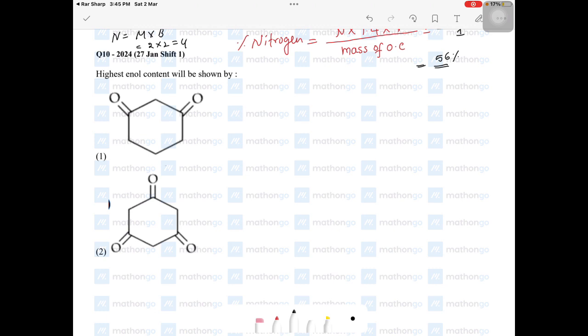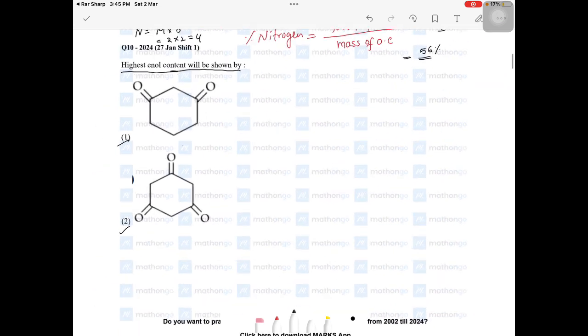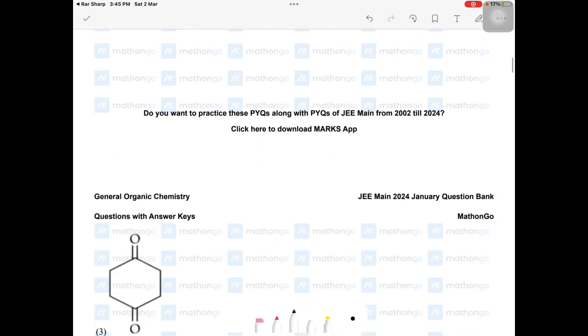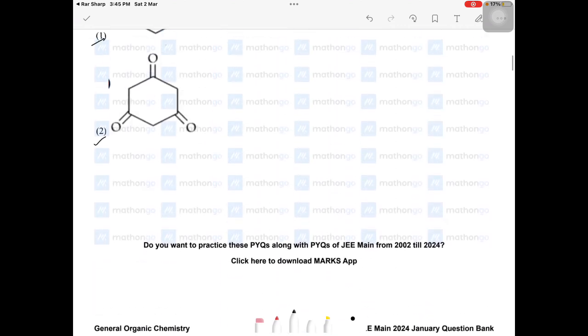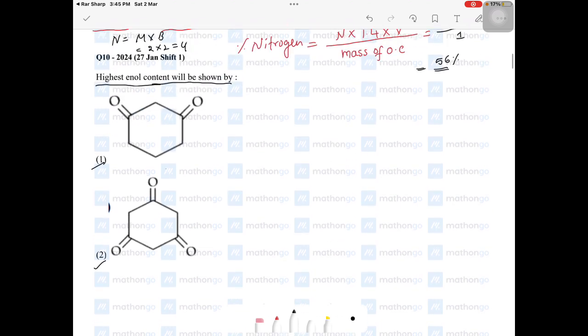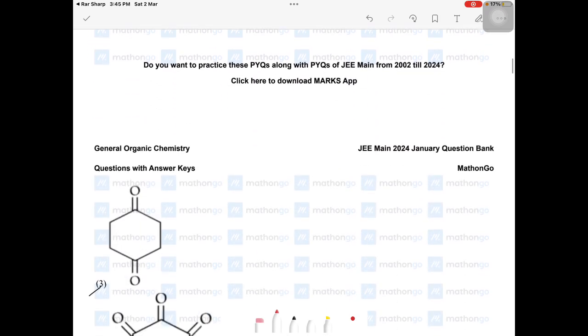Next, highest enol content will be shown. First option, second, then third and fourth. So the right answer for the 10th is the second one. Why? Because 3 methyl active groups.